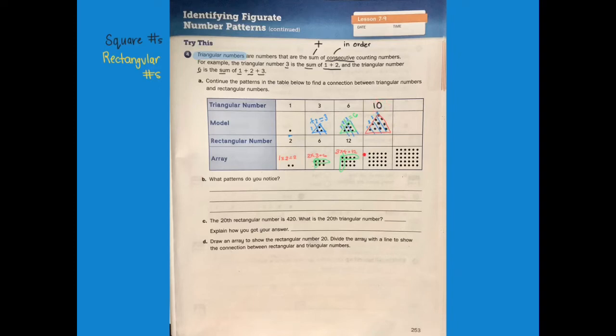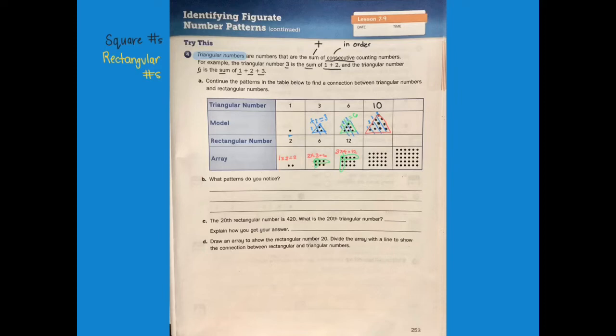All right, we figured out that we have 10. Let's take a look at our rectangular array here and see if there's a connection. Are you starting to catch on? Ooh, I hope so. Our next rectangular number in this table, we're going to figure out the array 1, 2, 3, 4 by 1, 2, 3, 4, 5.